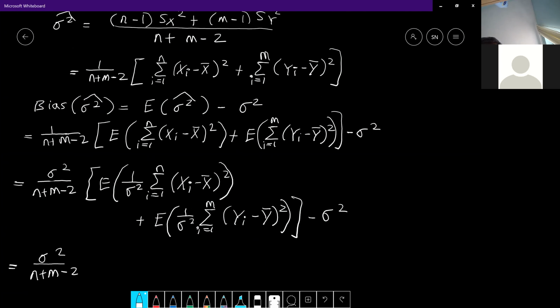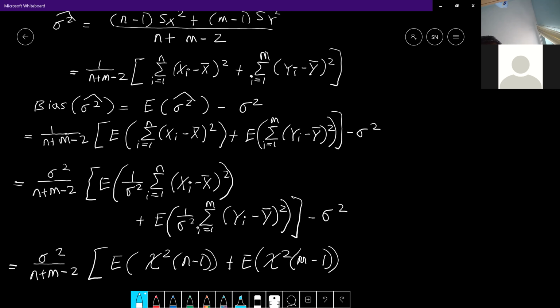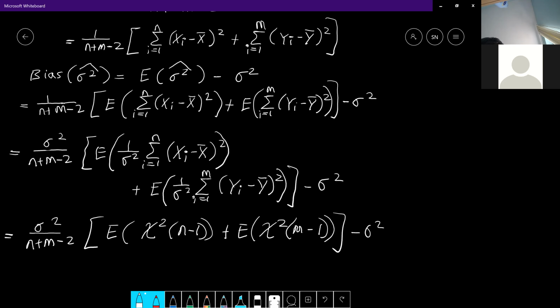So this is the expectation of a chi-squared variable with n-1 degrees of freedom, and this is the expectation of a chi-squared variable with m-1 degrees of freedom. So let me write it down, using my notes on chi-squared.